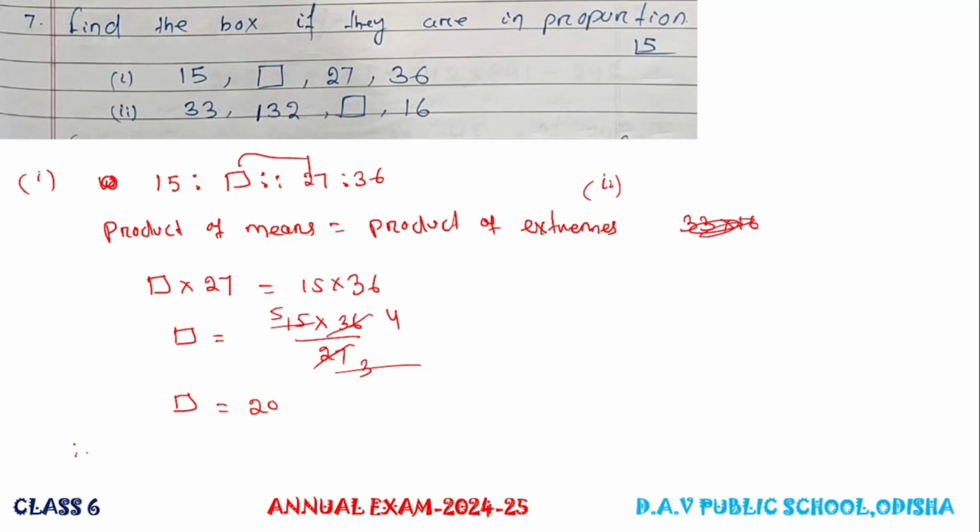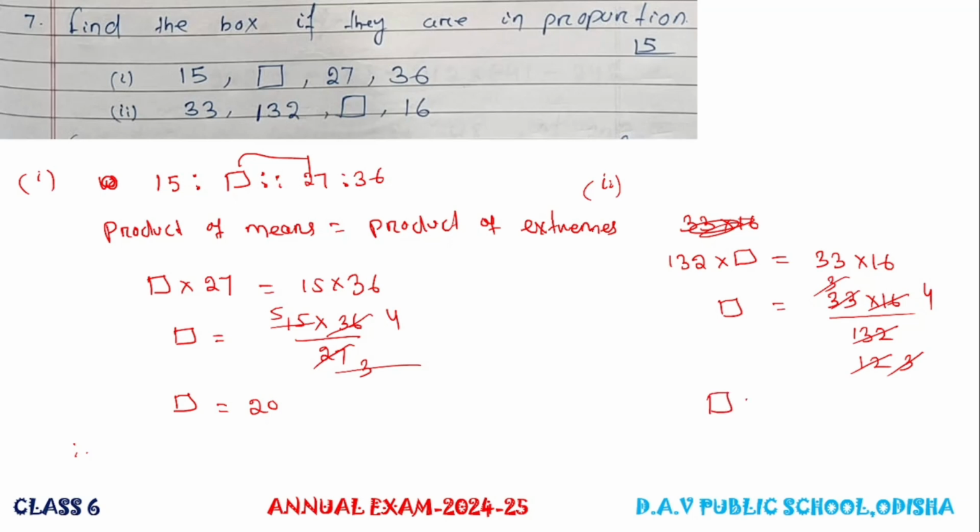Simply first write down product of the means, that is 132 into box equal to 33 into 16. Now box equal to 33 into 16 by 132. 11 3s are 33, 11 1s are 11, 11 2s are 22, 4 4s are 16, 4 3s are 12, 3 3 cancel.